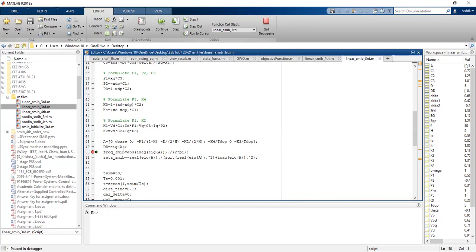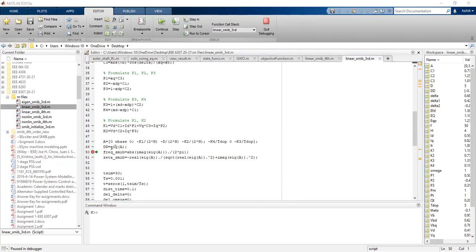Actually, how you can calculate it by hand is an interesting thing to do. In MATLAB, we can easily do it: you can simply type EIG of the system matrix A, and it will give you the eigenvalues.